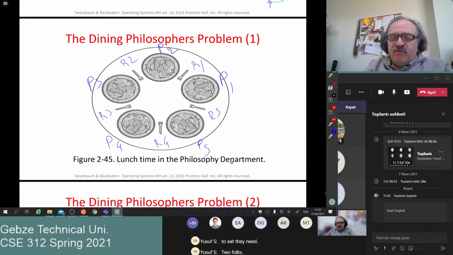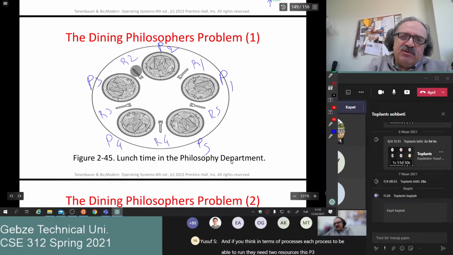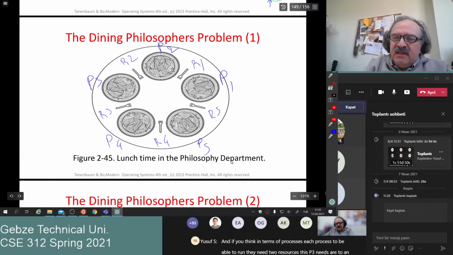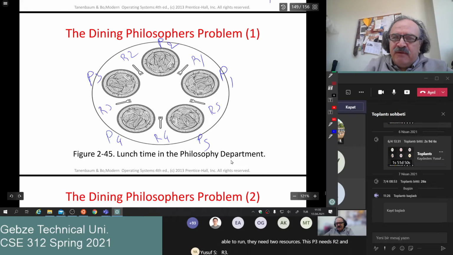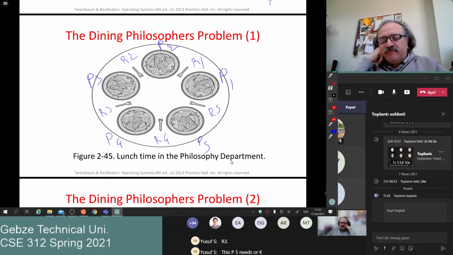If we think in terms of processes, each process, to be able to run, needs two resources. This P3 needs R2 and R3. This P5 needs R4 and R5, etc. So that's the idea.